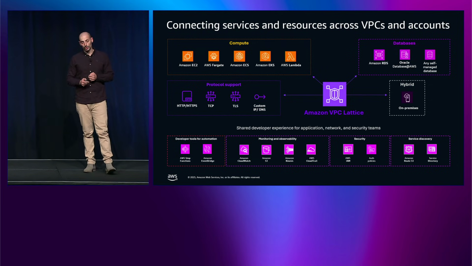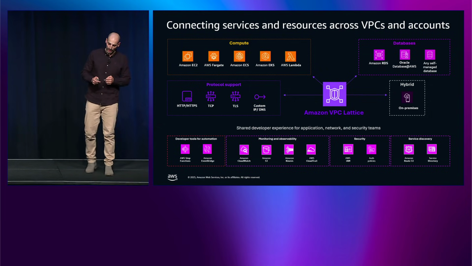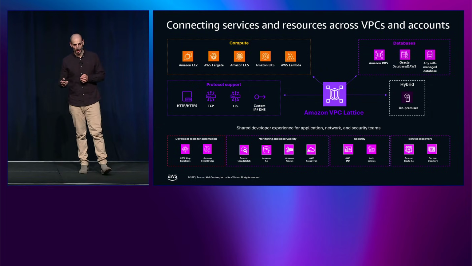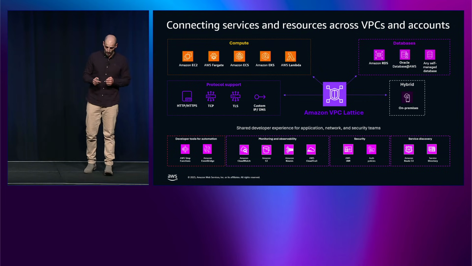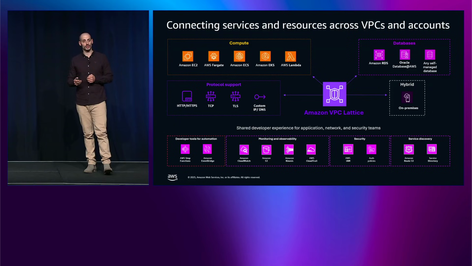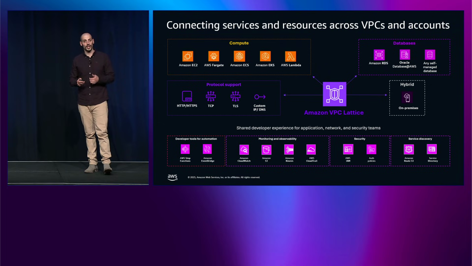We also support compute outside of AWS in a hybrid scenario. It also supports databases, and we can do those communications over multiple protocols. The last but very important is it also allows you to enforce your security requirements while keeping the monitoring and observability.